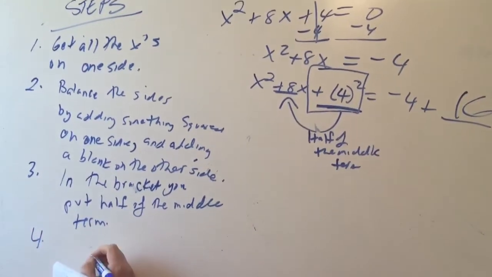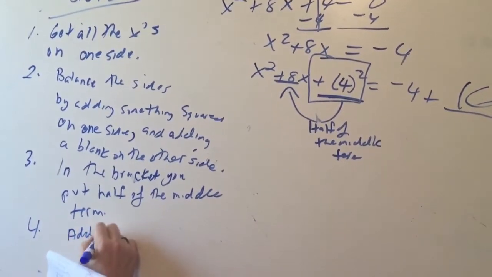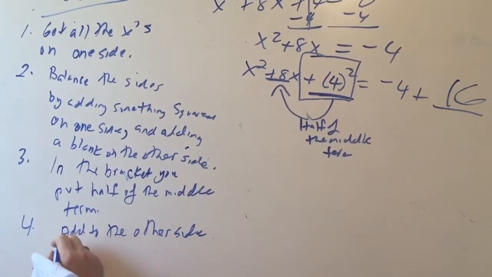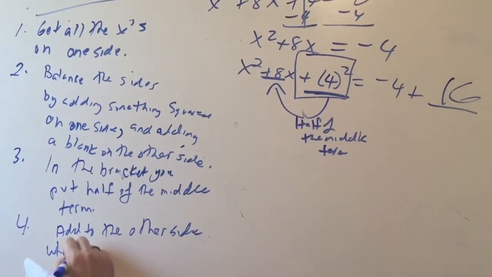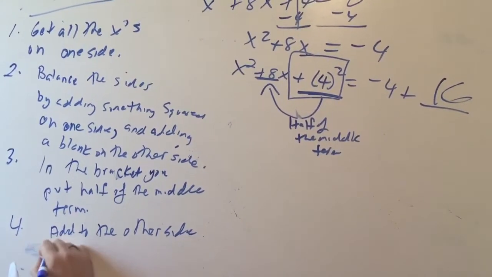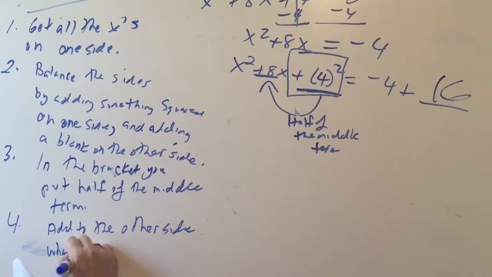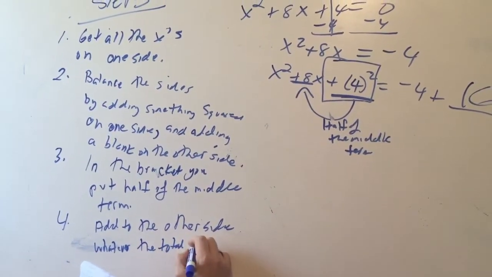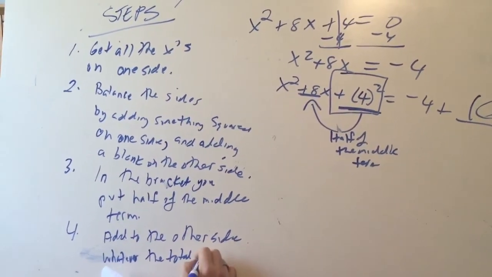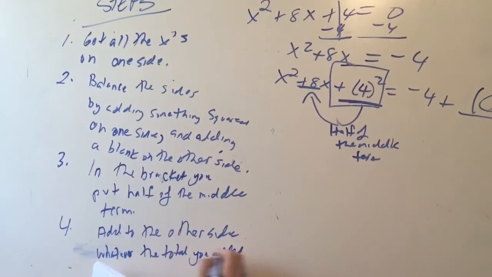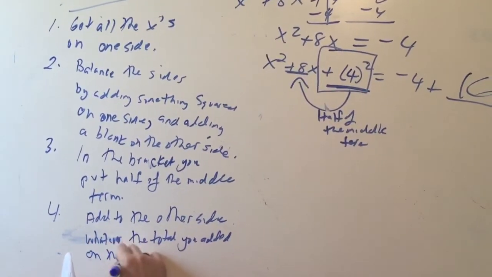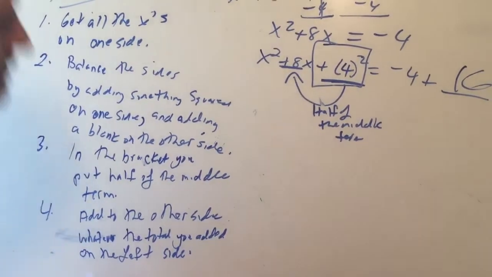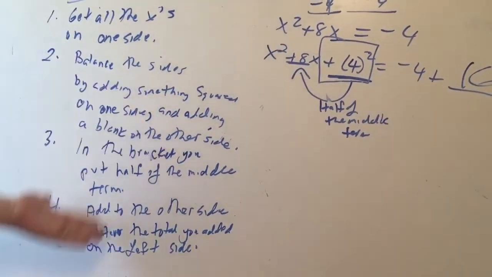Step number 4 is add to the other side whatever the total you added on the left side. Okay? Got it? Okay. So those are all in words.